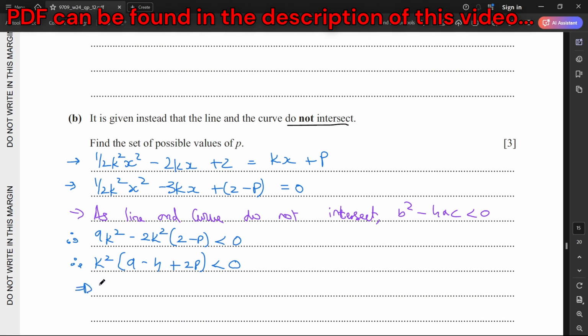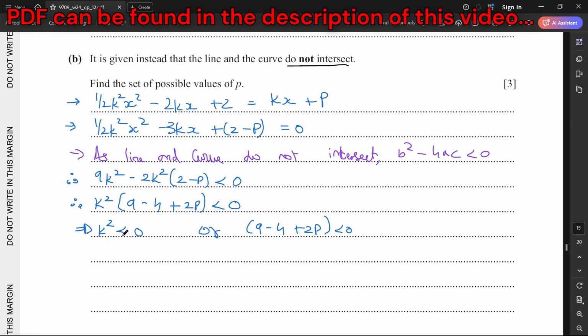So from here we get k square is less than 0 or 9 minus 4 plus 2p is less than 0. From here we won't get any kind of solution from the first because we know that k lies between 0 and 1, so we can go ahead and reject this condition. And obviously we did not really want to solve for k, we had to solve only for p.